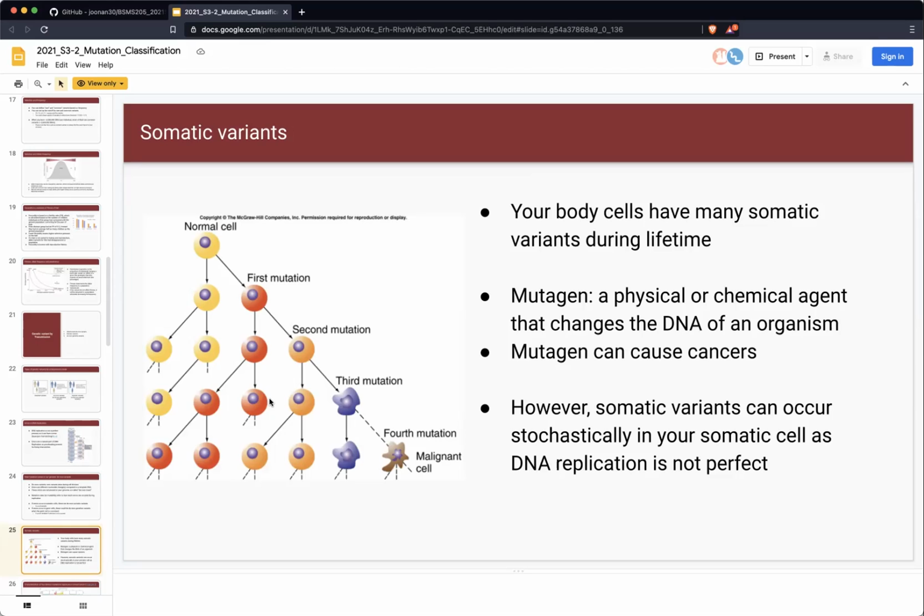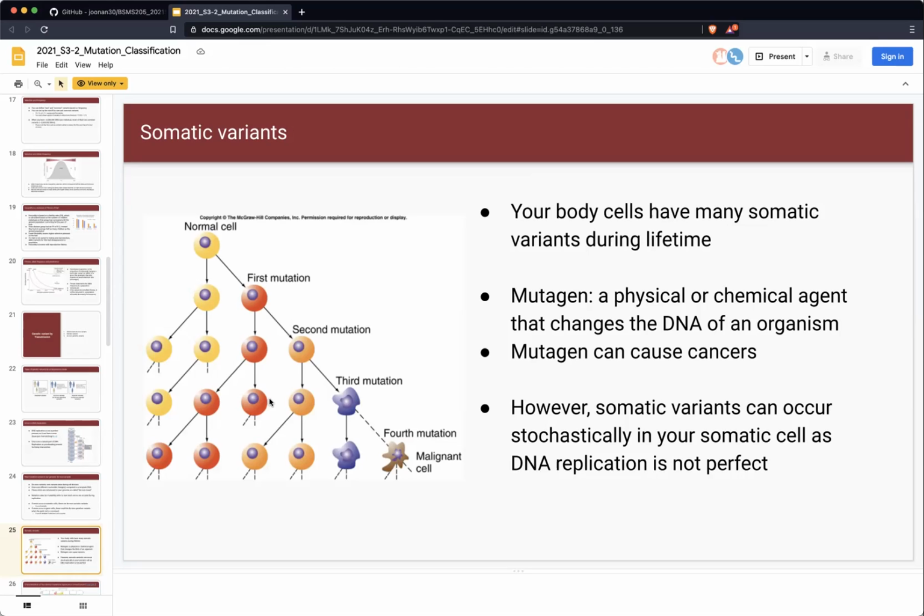The reason is that if a cell has a very bad mutation, our cell system has a really amazing defending mechanism called apoptosis. If a cell totally changes its properties because of the mutation, apoptosis kills that cell properly, or our immune system can remove the cell from your body.